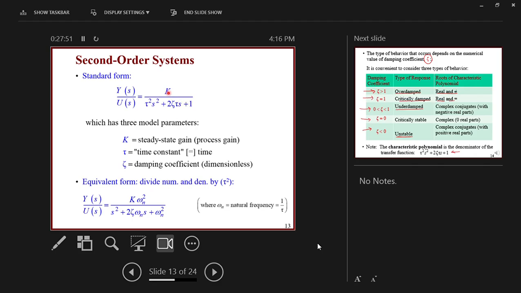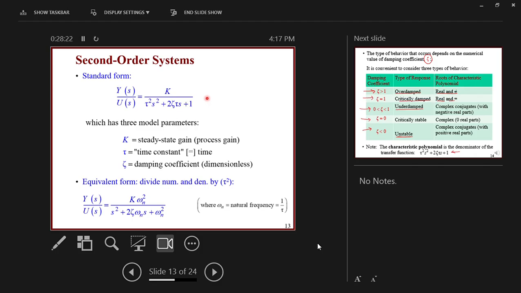Sometimes we divide the numerator and the denominator by tau squared, and then we can put the equation in this form, which is very common in the electrical engineering process control systems. They call the 1 over tau the natural frequency, and the transfer function then is written in this way.